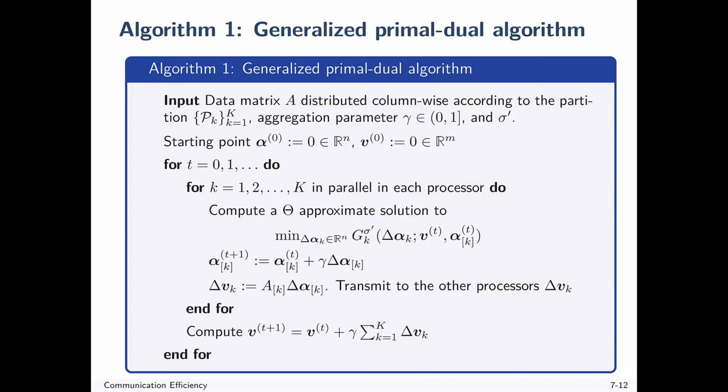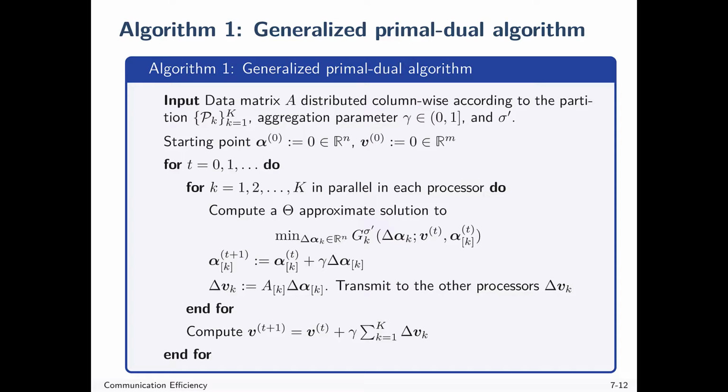This delta alpha goes here and defines the next update of the variable alpha_k at t plus 1. We then define delta v_k in this manner as the product of the result of this minimization with the matrix A that belongs to the party k, to the node k, to the processor k.